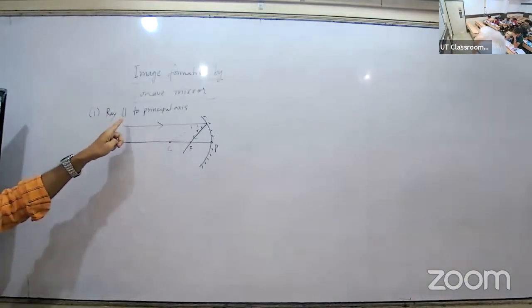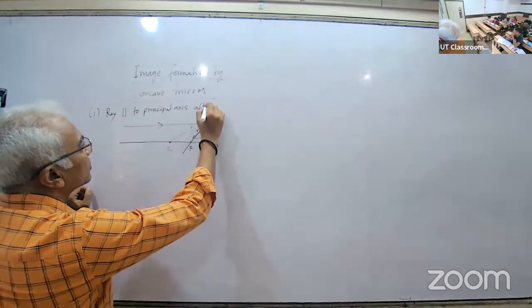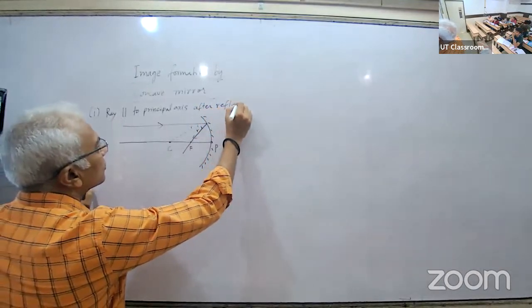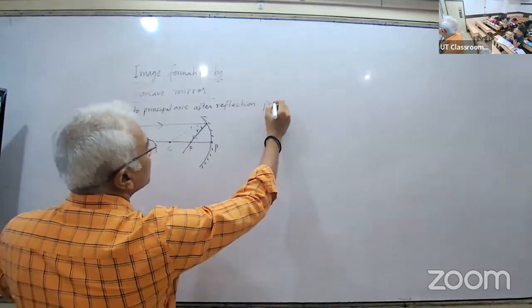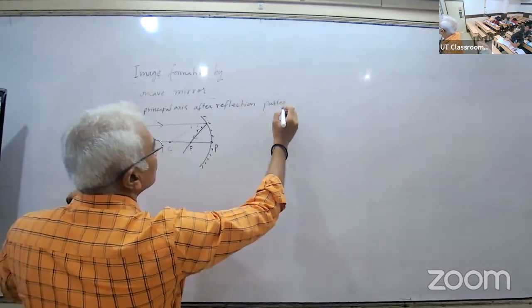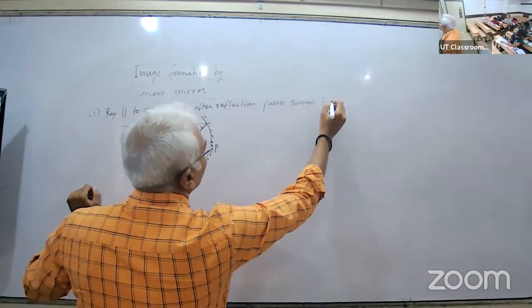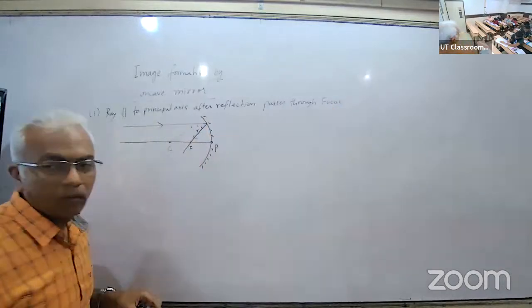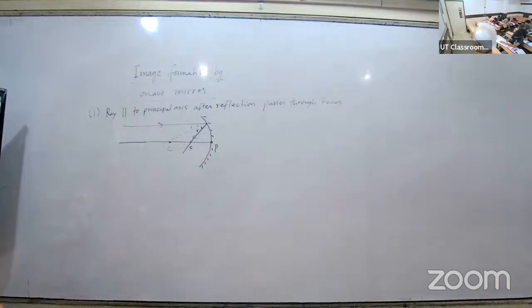So this is one of the rays: parallel to principal axis, after reflection, passes through focus. You may write principal focus or just focus. Okay.